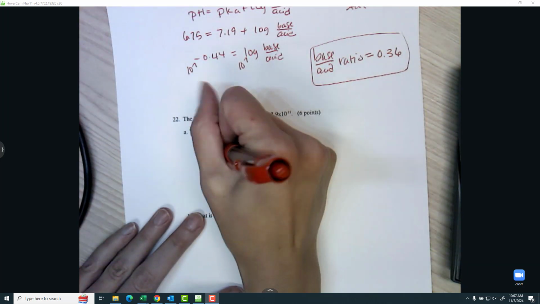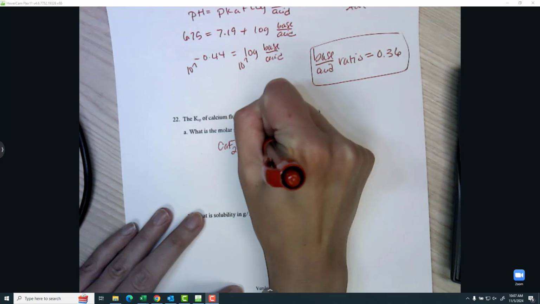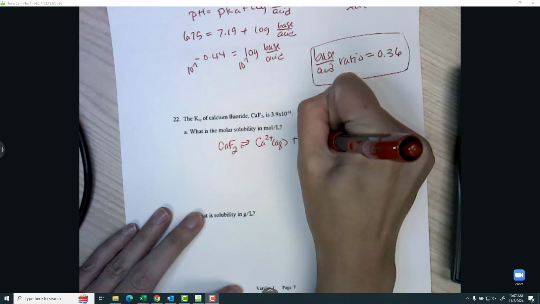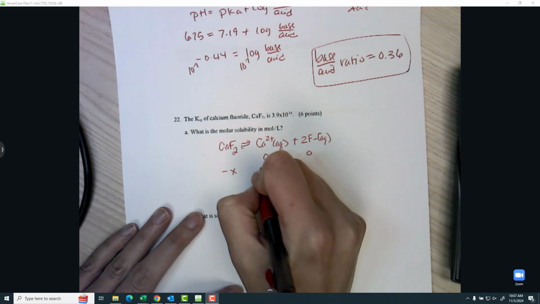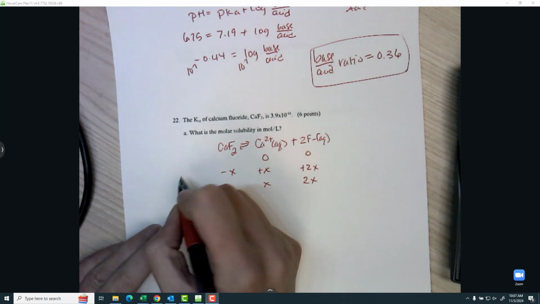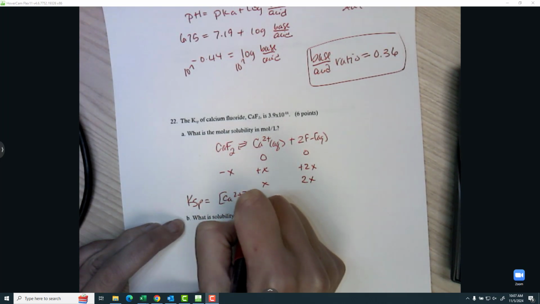All right, now we have a Ksp problem like I was trying to do earlier. Calcium fluoride will separate into calcium and 2 fluorines. Starting with 0, minus x, and plus 2x. Write my equation for Ksp.